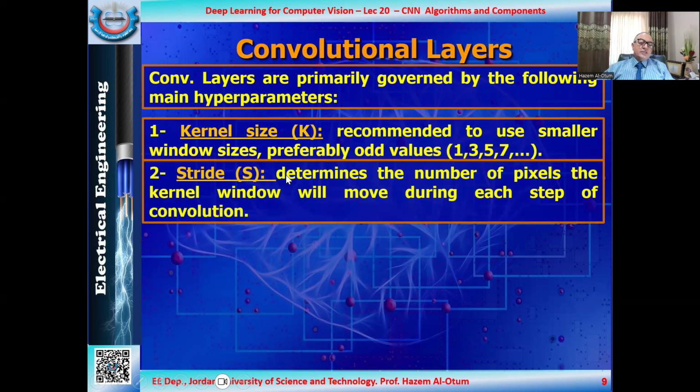A new term is called the stride. What is the stride? The term means the step. When you apply the convolution in image processing and computer vision, we usually apply a stride of one, which means that after finishing the dot product between the kernel matrix and the image, you just move the kernel matrix by one pixel to the right, and after finishing the first row, you go to the next row, and so forth. So the stride here means the step that you make between the convolution operations while working on the image.